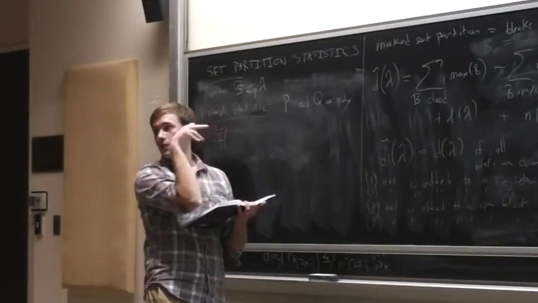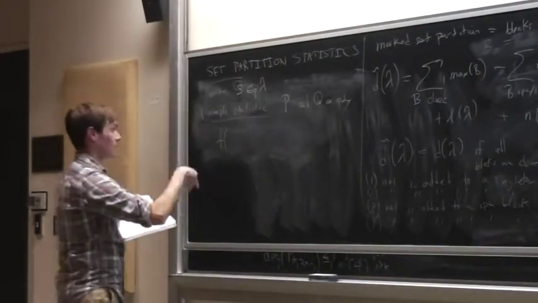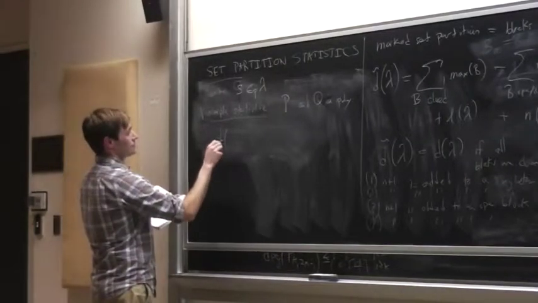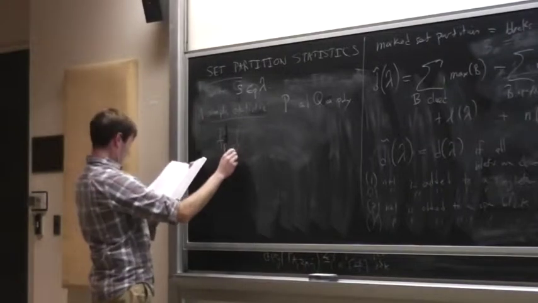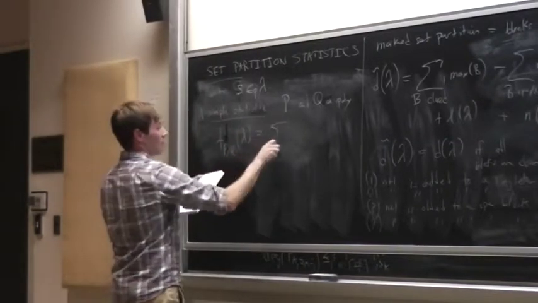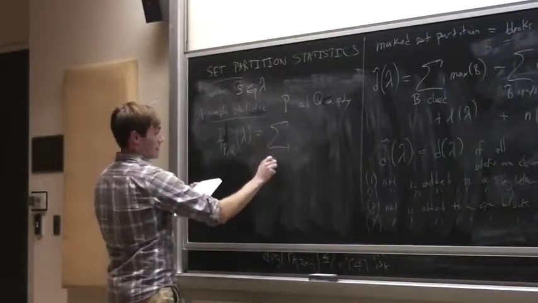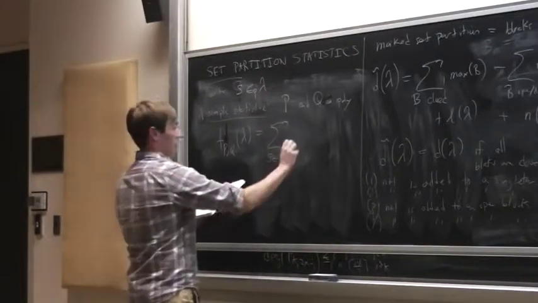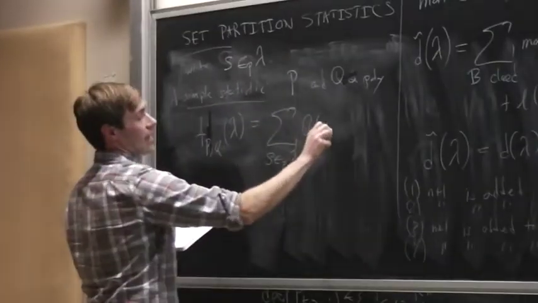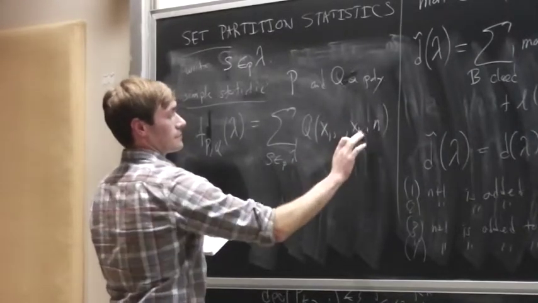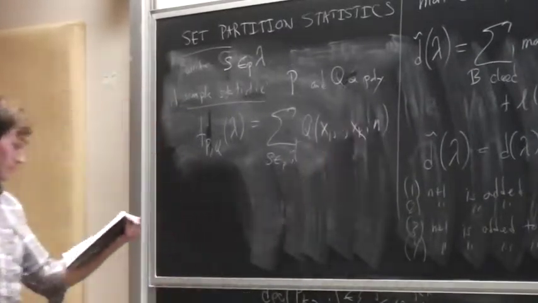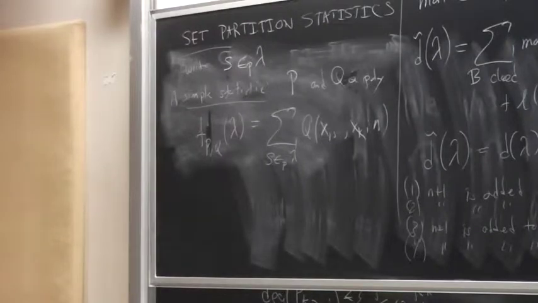I needed to be able to evaluate at the biggest thing and at the smallest thing. So f of pq of lambda is the sum over all of the occurrences of that pattern in lambda, and you can evaluate the polynomial at the values of that occurrence. So it's a very general class of statistics.